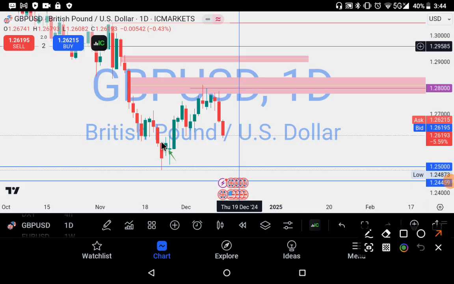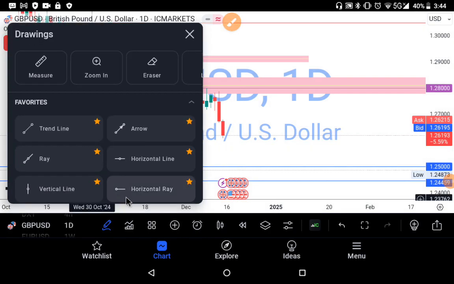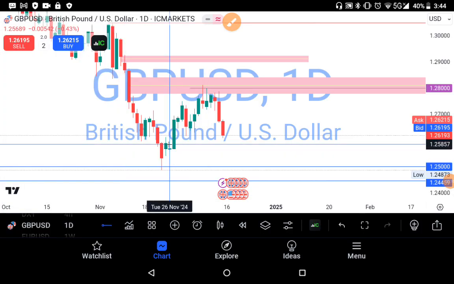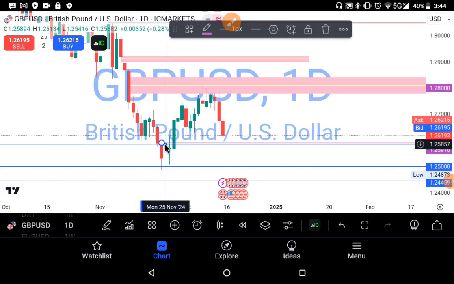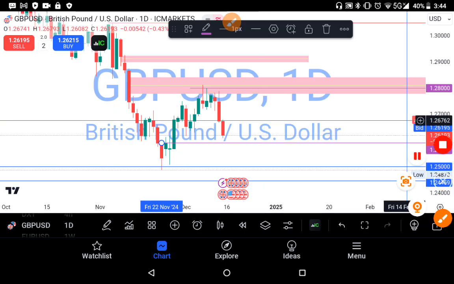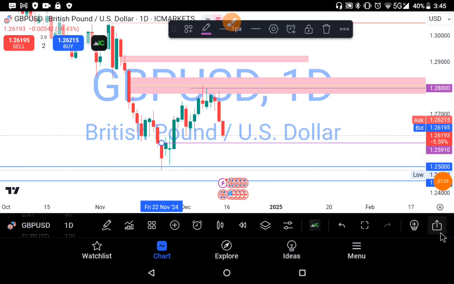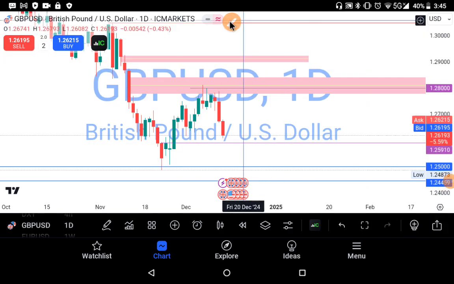The moment the market price is able to trade into this and it reacts, this level here, once that level has been traded to, I'll be interested in 1.25 thousand.